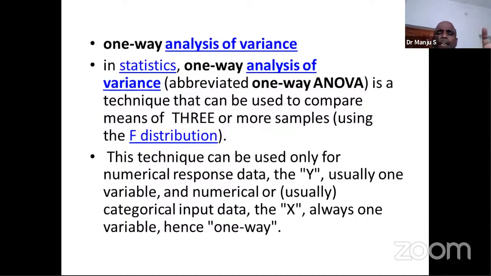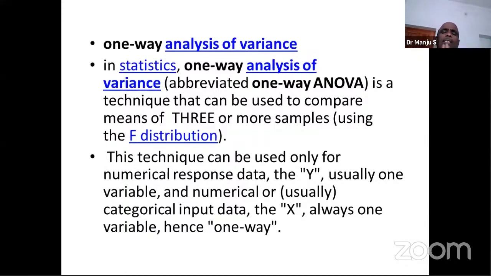So there will be one dependent variable, and there will be some categorical independent variables. To put it in simple words, this is used when you want to make a comparison between three groups or more than three groups.